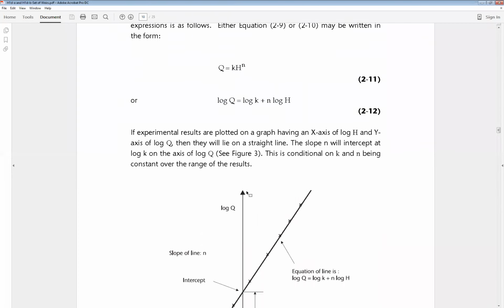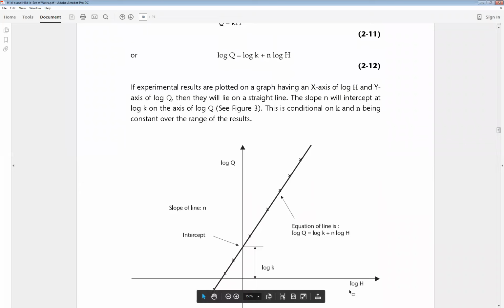For the linear one, if you plot log h against log q, you can have this one, and the gradient of this line is equal to n, remember, and the y-intercept, or this axis intercept, is equal to log k.